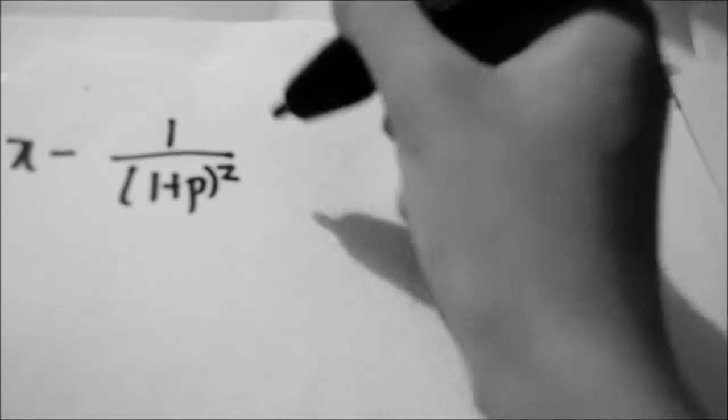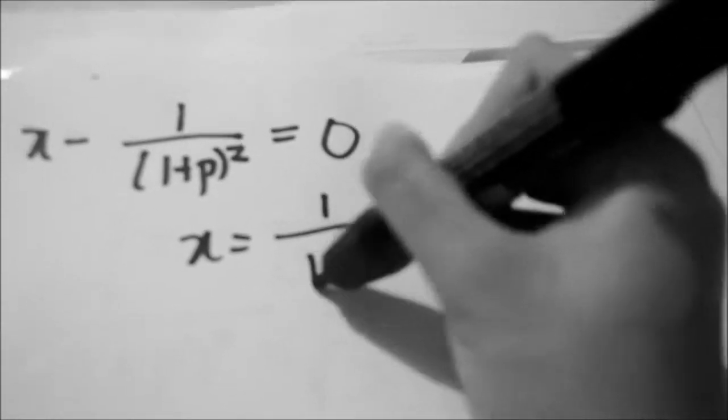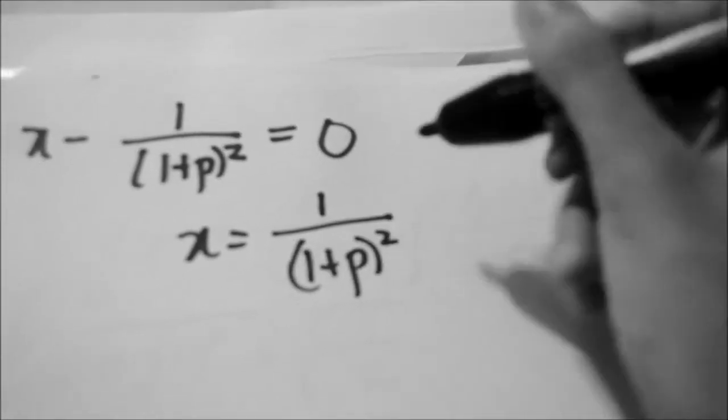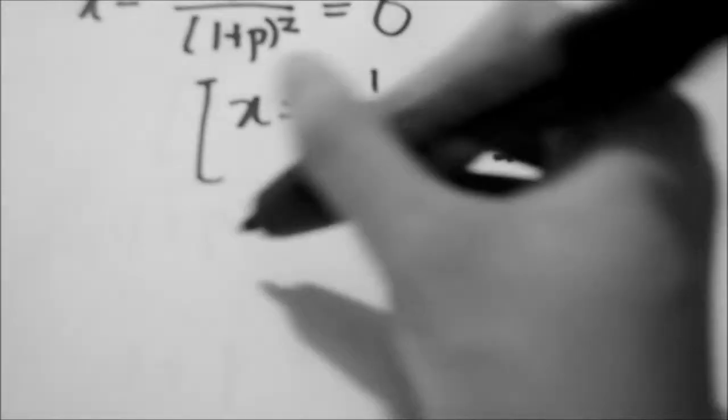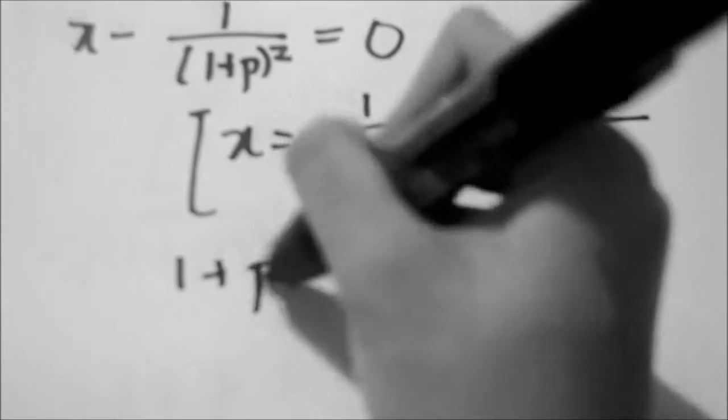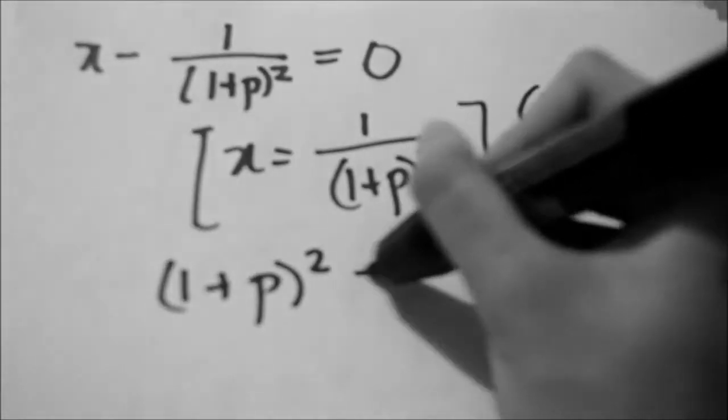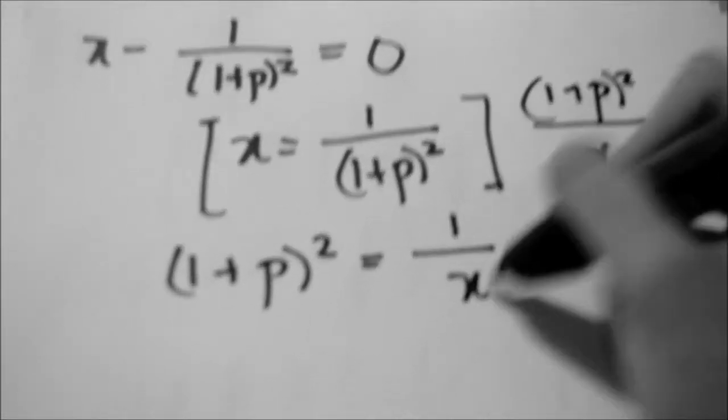Now we will solve for the other solution, x - 1/(1 + p)^2 = 0. Transposing, we get x = 1/(1 + p)^2. Multiply both sides by (1 + p)^2 over x, and we will get (1 + p)^2 = 1/x.